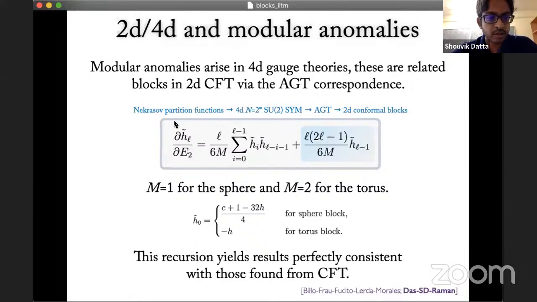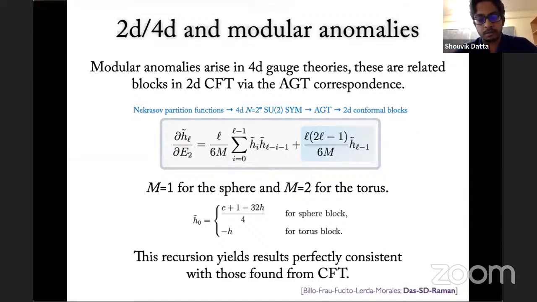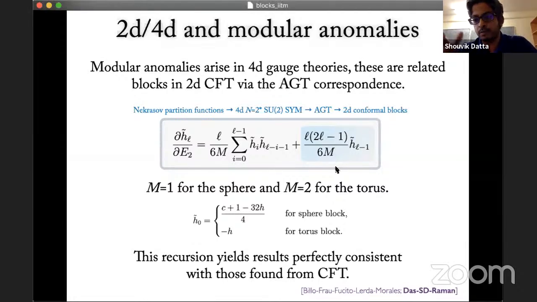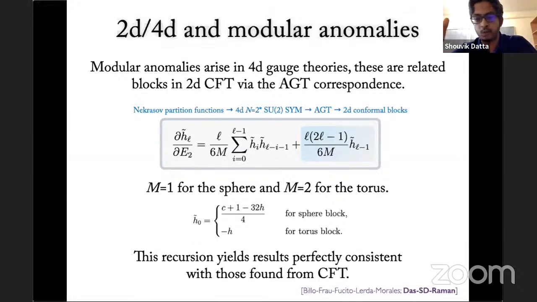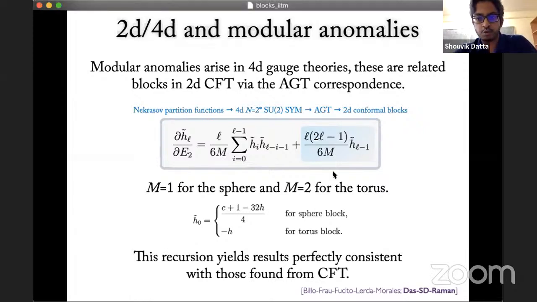Using this, there is an exact recursion relation for each order in this 1 over alpha momentum expansion, which is this. This relation can be explicitly checked from 2D CFT: we have the block expanded in 1 over HP, and one can check order by order that this recursion relation is obeyed.